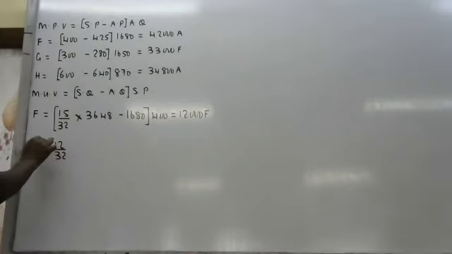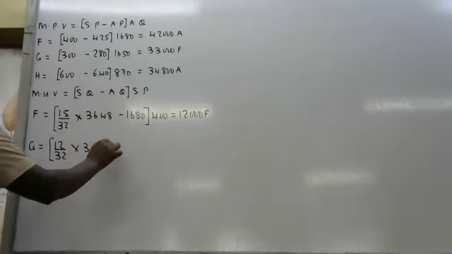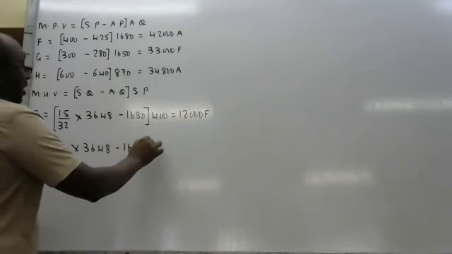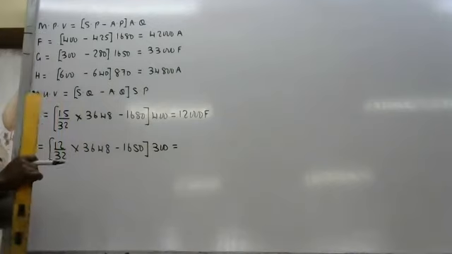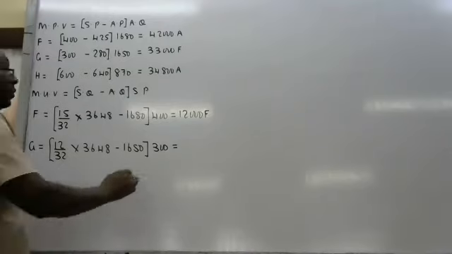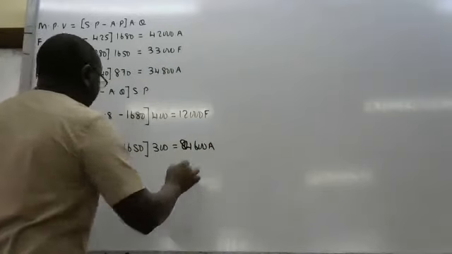So that's 2 times that is 648. You minus 1650 at a starting price of 300. With the 4,600 advance.